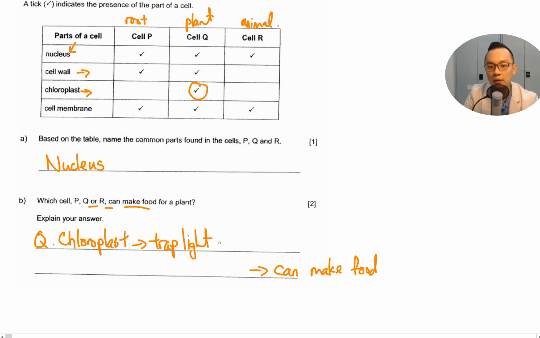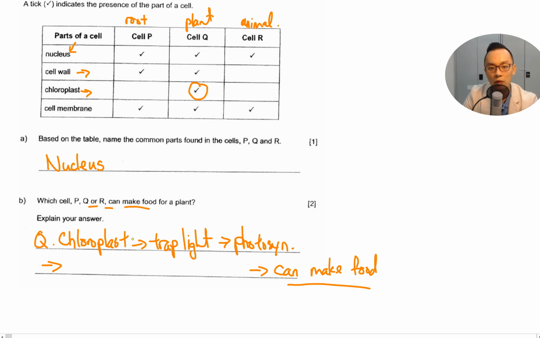It can trap light, and it can photosynthesize, and after photosynthesis, it can make food. Alright, so that's why cell Q can make food, but the rest cannot make food because they don't have chloroplast.